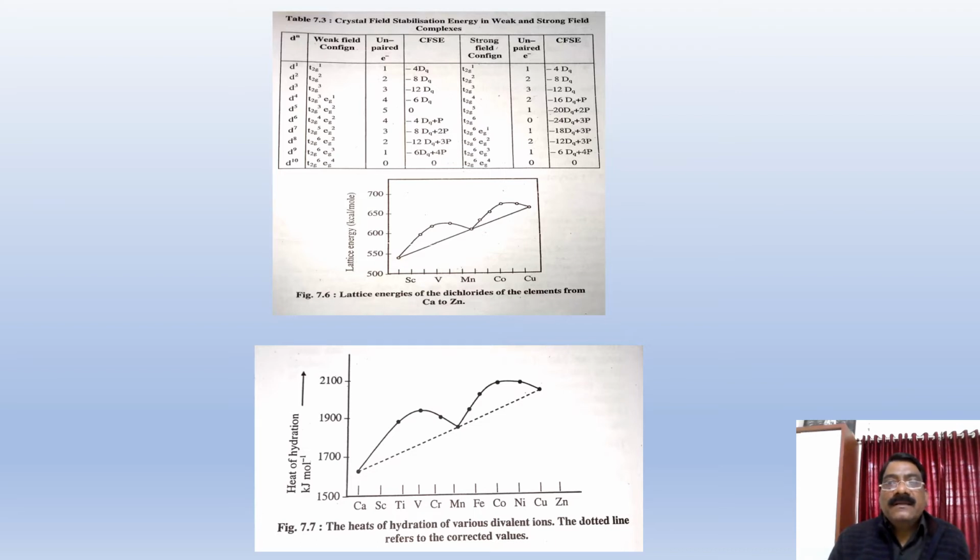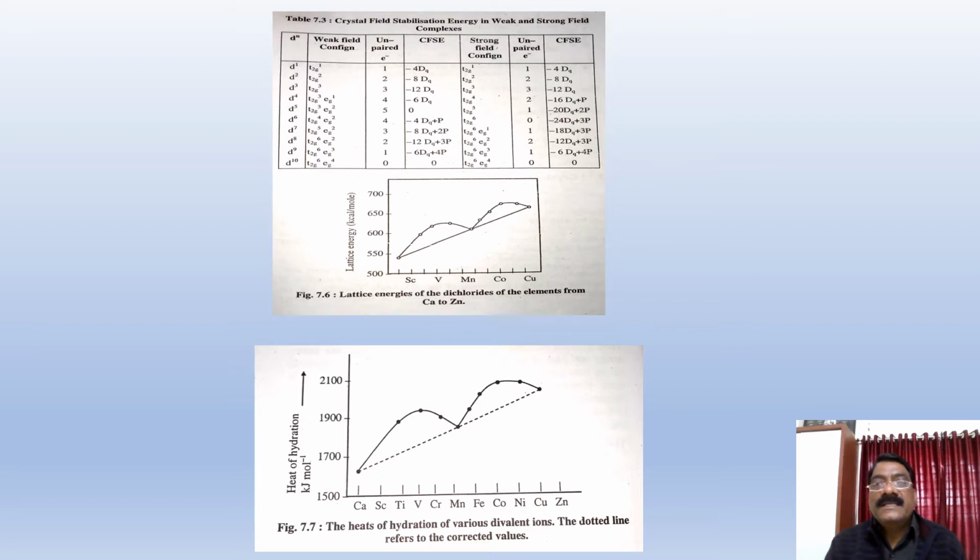When we consider the strong field, particularly d1, d2 and d3 have the same CFSE. For d4 it is minus 16 Dq plus 1 pairing. For d5 it is minus 20 Dq plus 2 pairing.